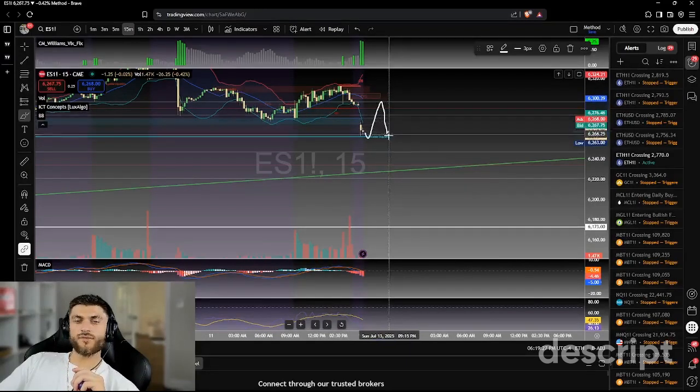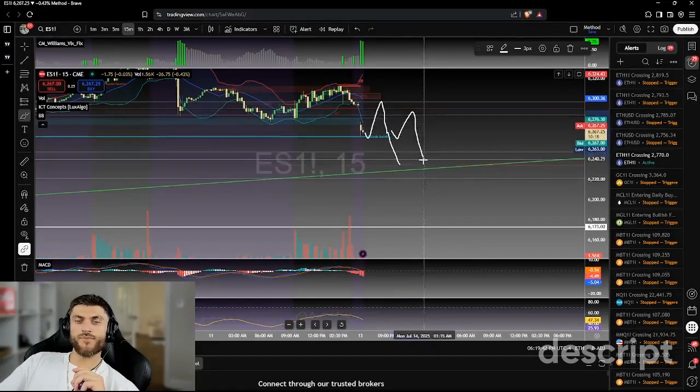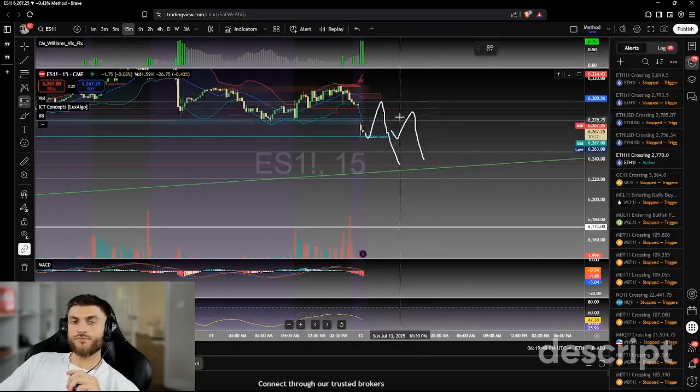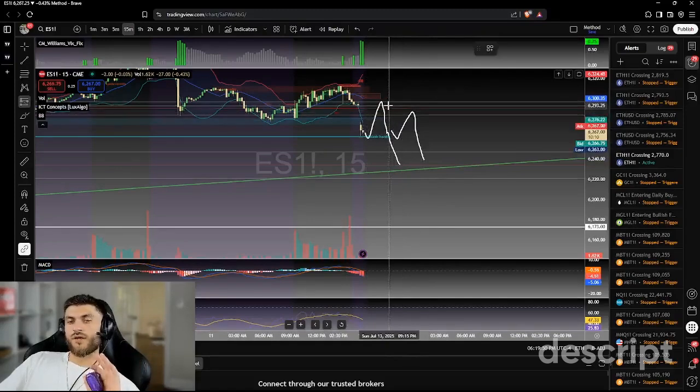This is one of two scenarios here. Either that, or it would also possibly do this and just make it up to that market structure shift before coming back down. So where I would be looking to go short, there's kind of two.